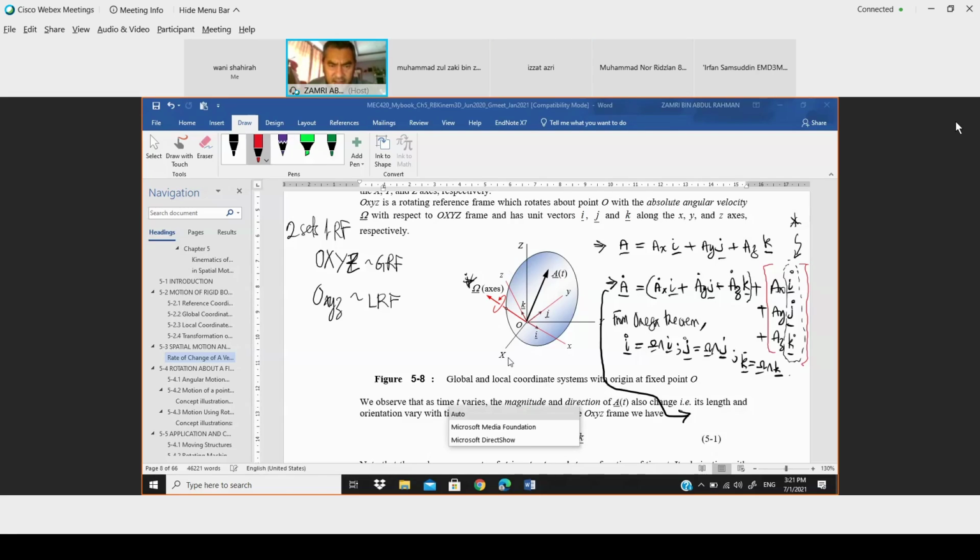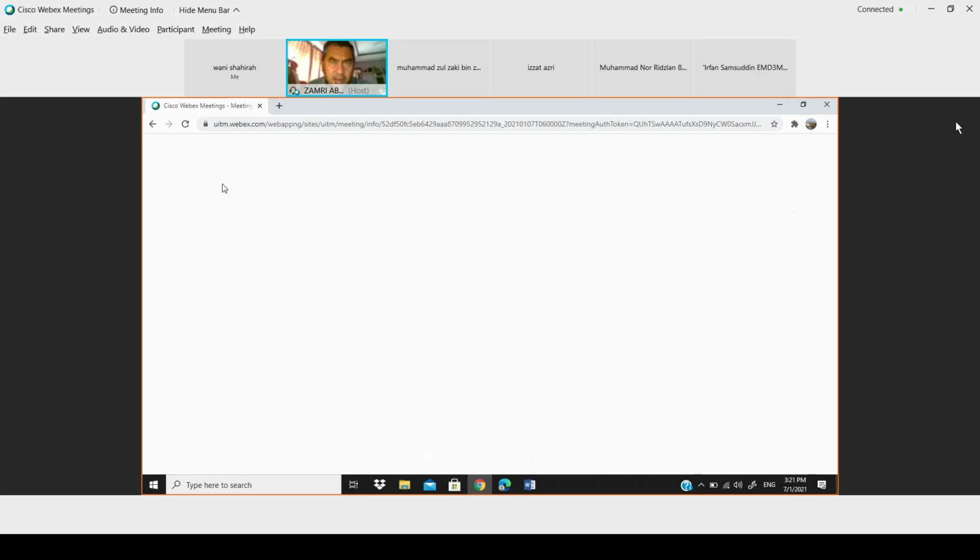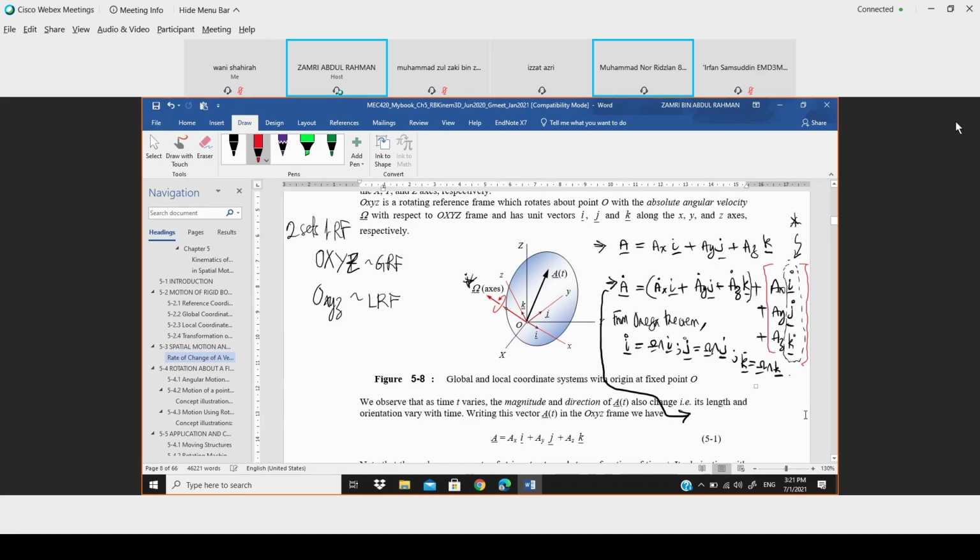Tadi masa mula-mula start, dia ada satu icon kat bawah tu yang kita boleh turn off kamera, turn off speaker, tapi sekarang langsung tak ada. Dia disappear completely. Okay, now. How about now? Is it better? Cuba Prof ngajak lagi. Okay.